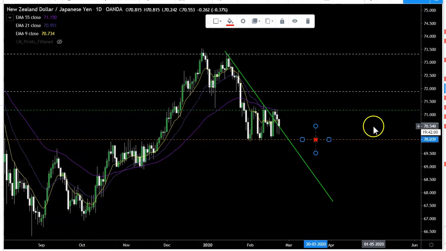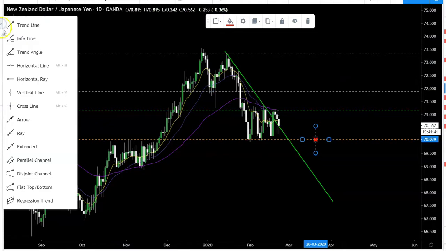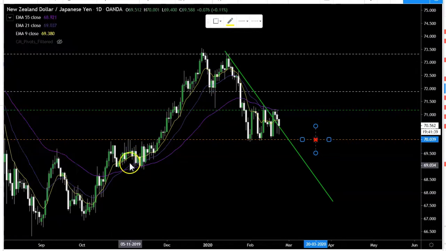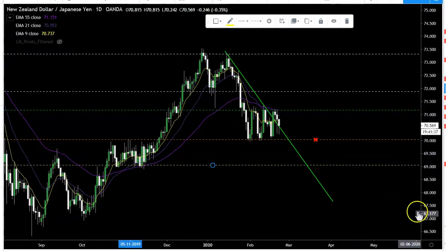I am not doing that. I'm just looking for a bottom. I'm not willing to play this from resistance down at this stage. I can see that this could easily come lower. It has to break this area of support, and then if it does, the target for my first positions, if I were to get into this trade, would be down in here.